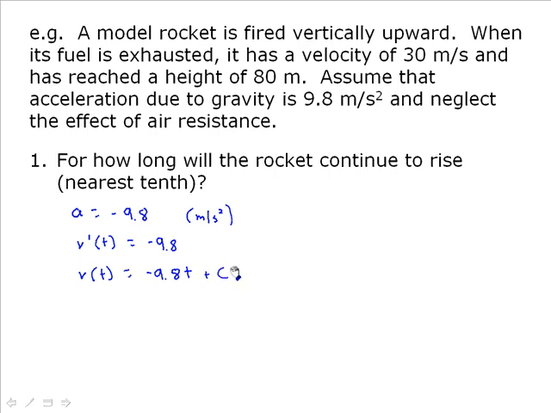Now that's not good enough for us because we're going to need to find out what c is. And I'm going to call this c1. Don't have to do that, but we're eventually going to make our way down to the position function, so I want to keep my c's clear. So initial conditions are what it's all about now.